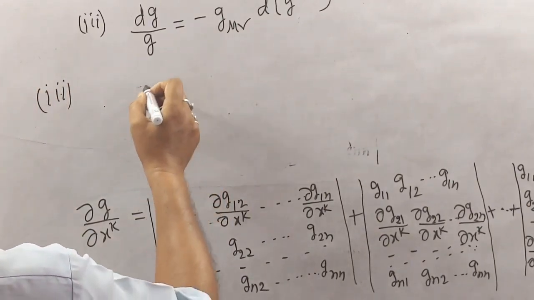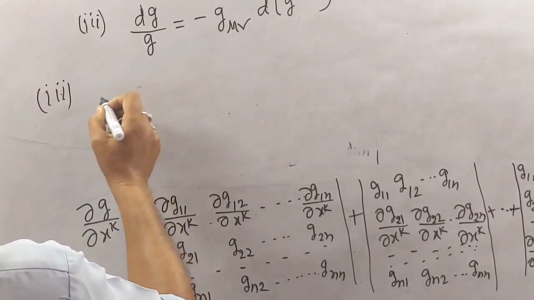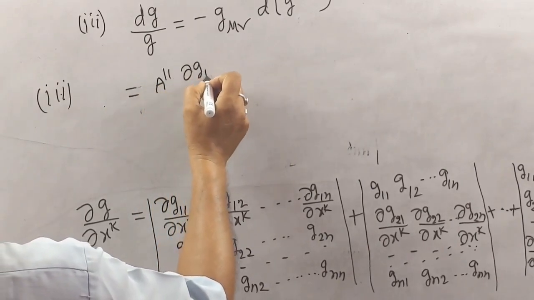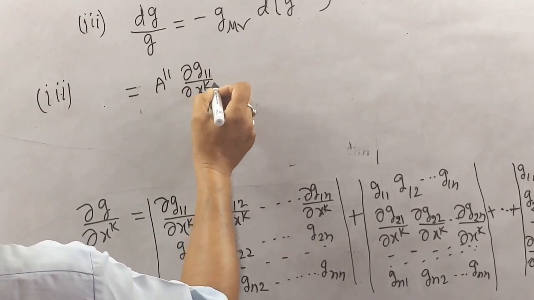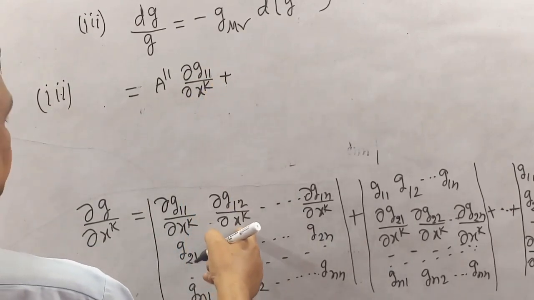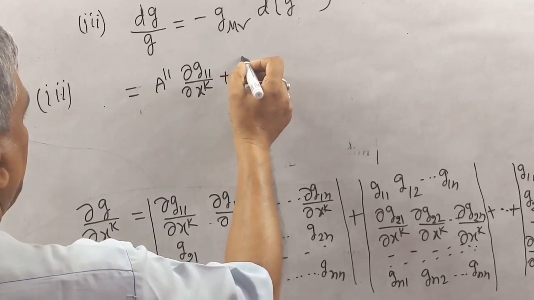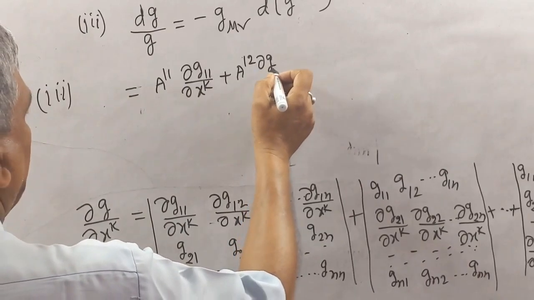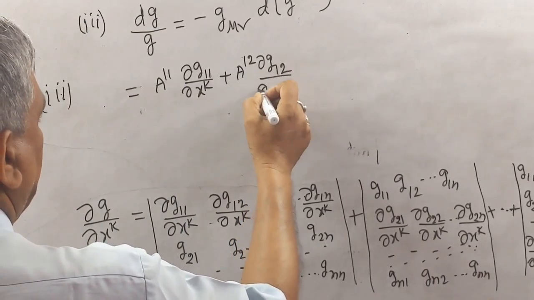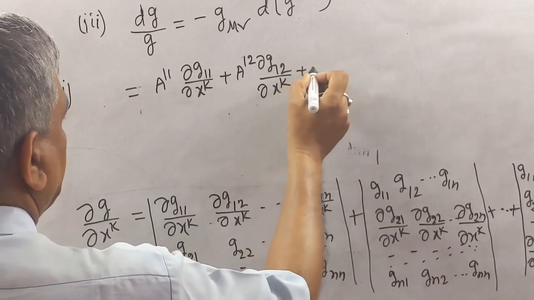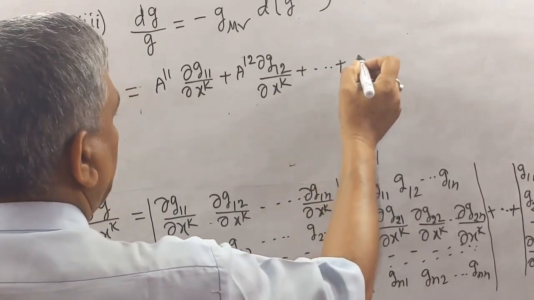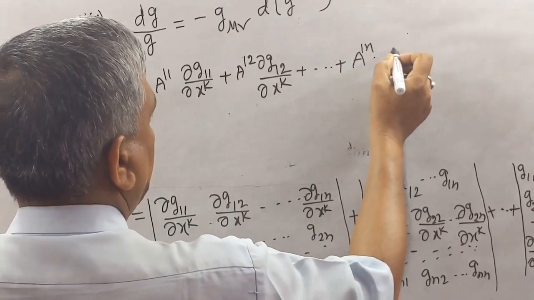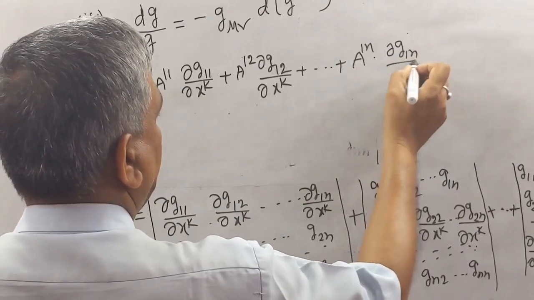So we write A11 del G11 by del xk plus the cofactor of this, A12 del G12 by del xk plus dot dot dot A1n into del G1n by del xk.